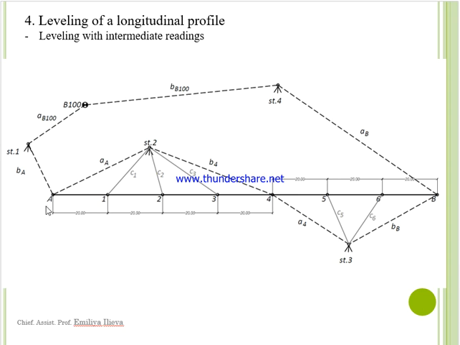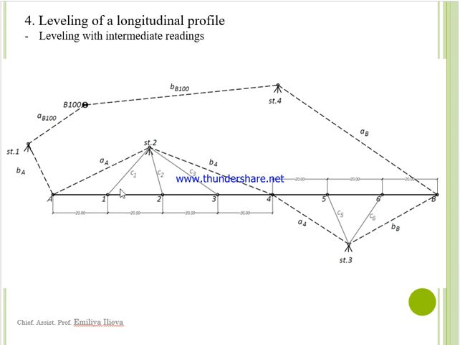This is point A, and after that, here is the difference that is very specific. Now we can take intermediate readings. These readings are marked with C in a gray color. On the side, we can take intermediate readings to all of the points that we can see from this station of the instrument.